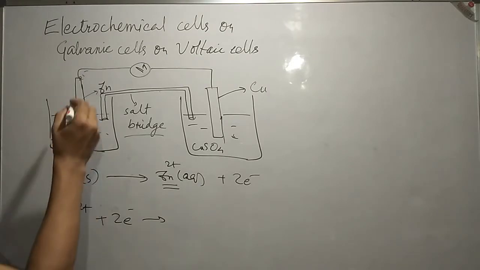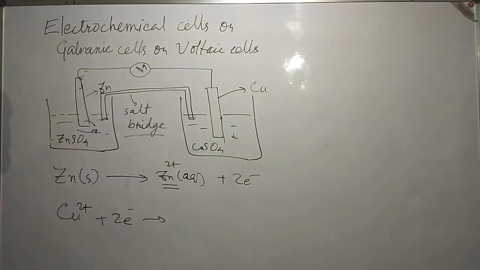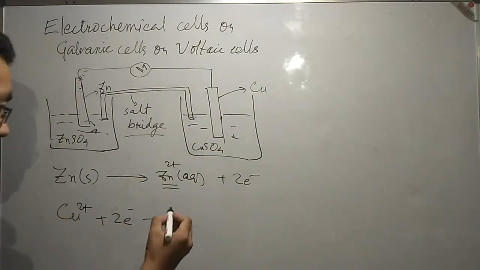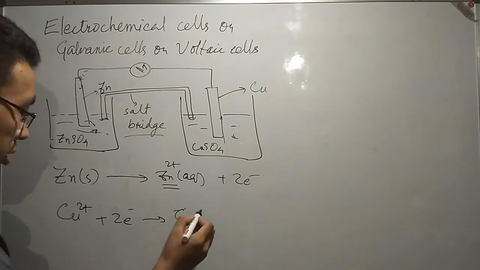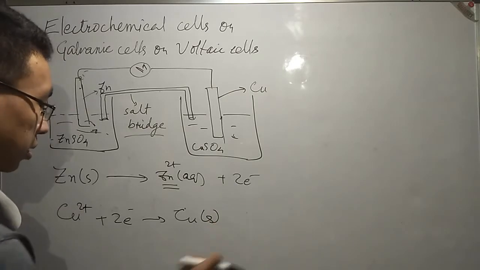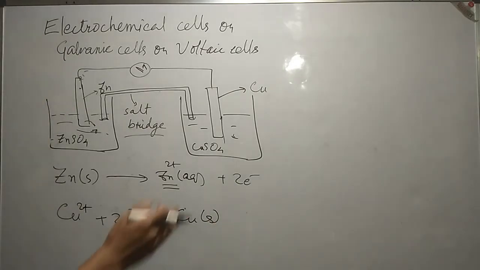The electrons move from the zinc rod to the copper rod, and therefore Cu2+ undergoes reduction. Here this copper will get accumulated and therefore the weight of the copper rod increases.